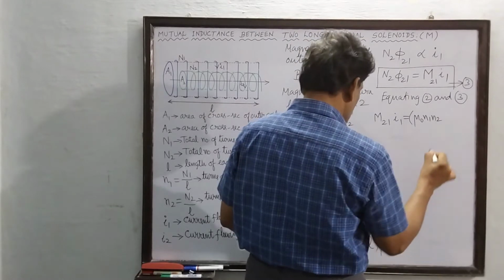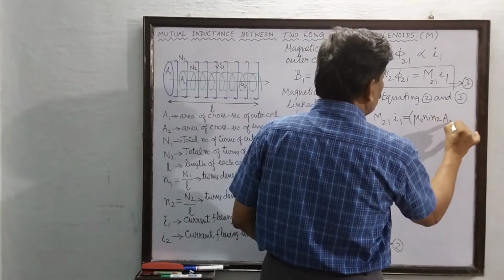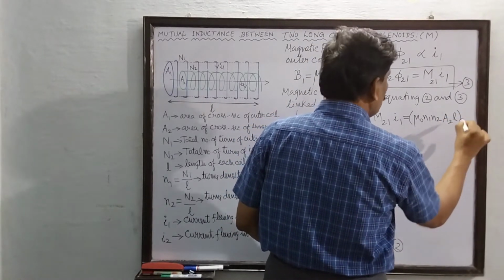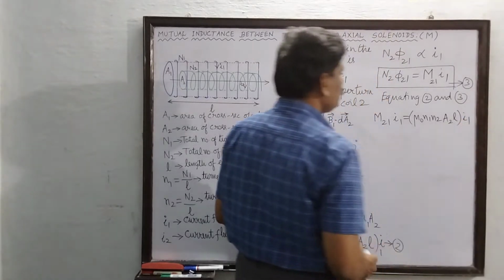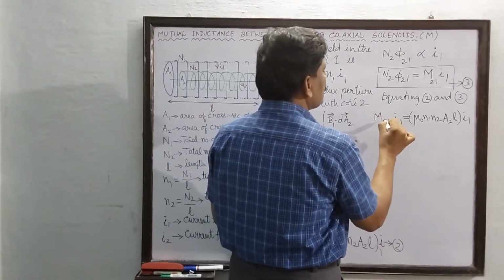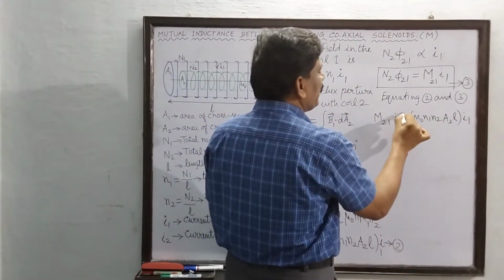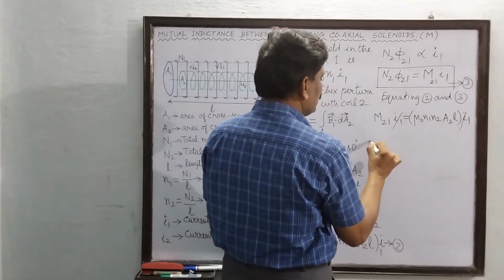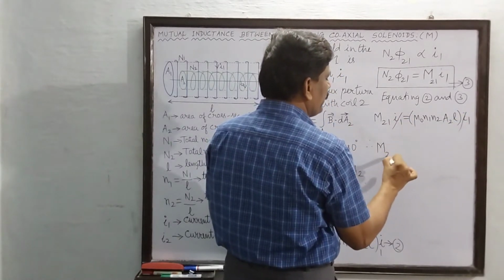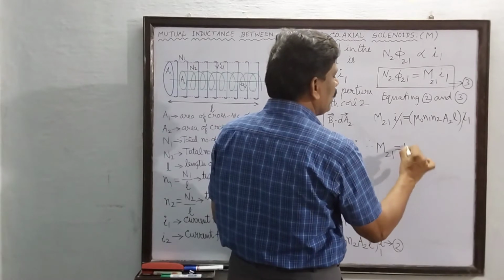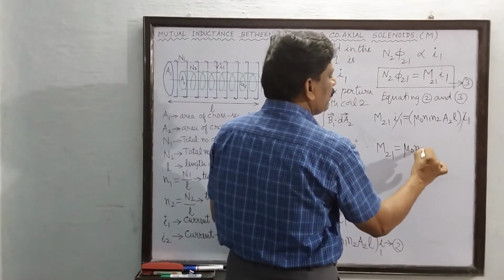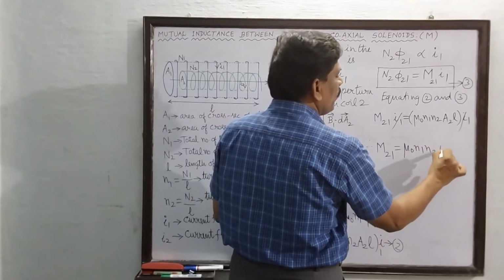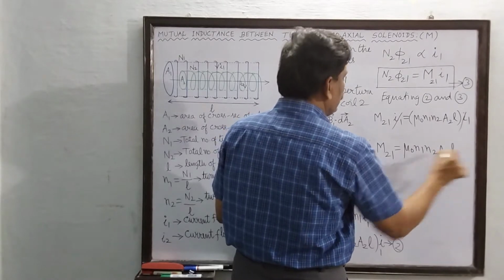Mu naught N1 N2 into A2 into L into I1. So this I1 can be cancelled on both sides. Therefore, M21 alone is equal to mu naught N1 N2 A2 into L.